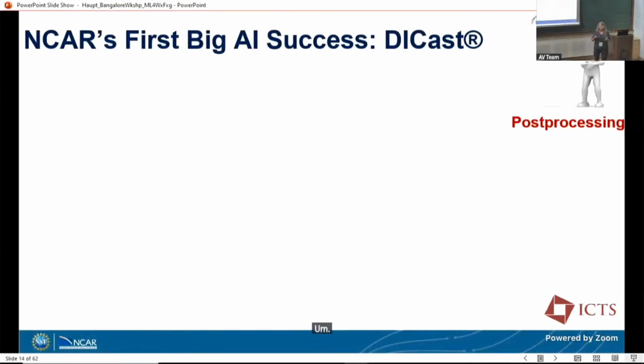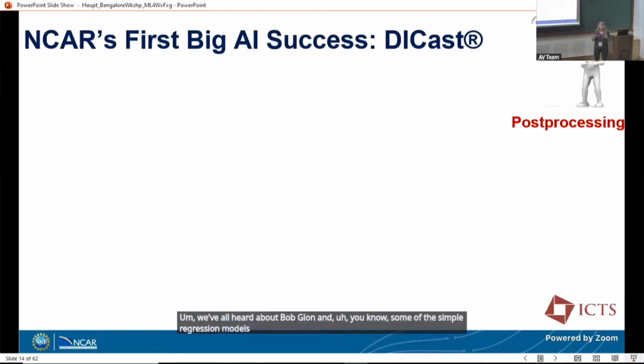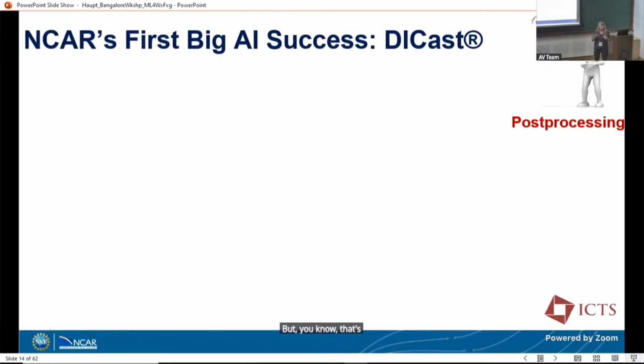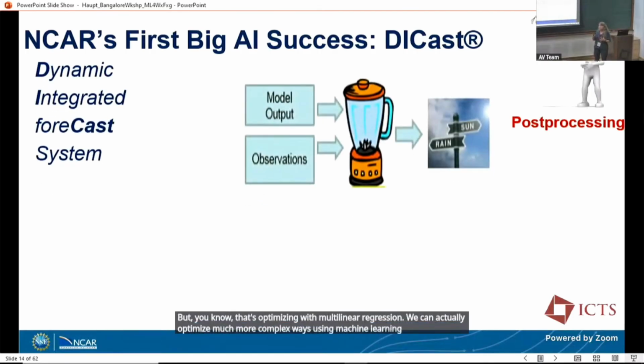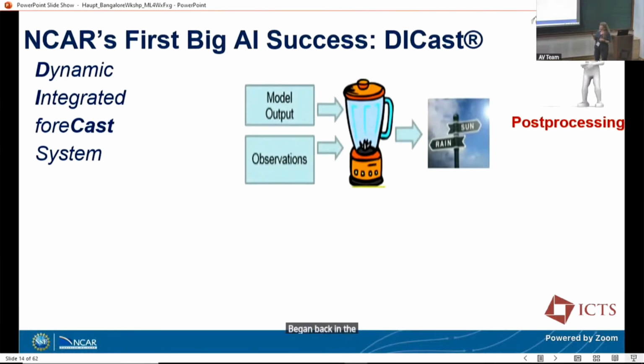We've all heard about Bob Glahn and some of the simple regression models to post-process, but that's optimizing with multilinear regression. We can actually optimize much more complex ways using machine learning. And NCAR's first big success began back in the 90s. It's building the dynamic integrated forecast system.